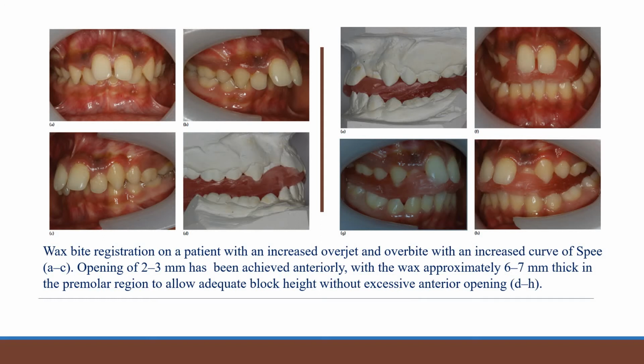When the appliance is in place, it is essential that the lower block engage anterior to the upper block to maintain the forward posture of the mandible. Otherwise, the mandible may be maintained in a downward rather than forward position.